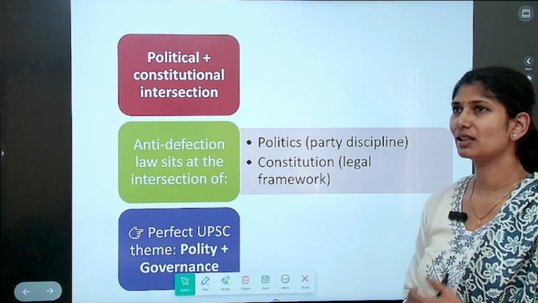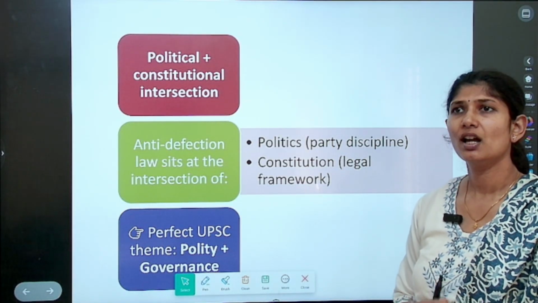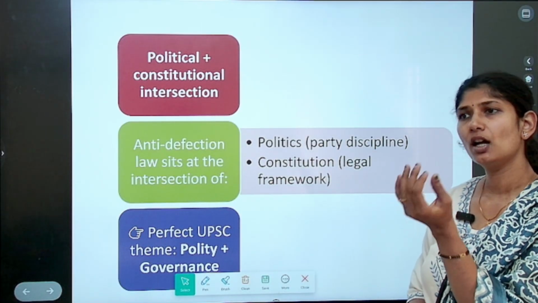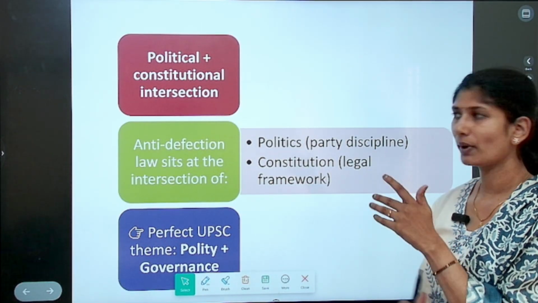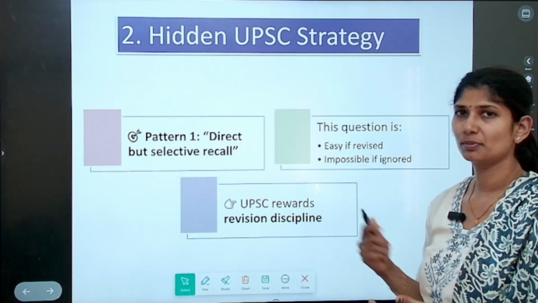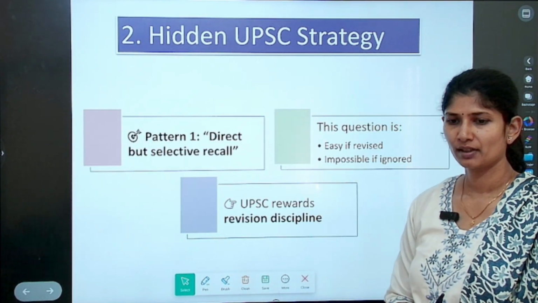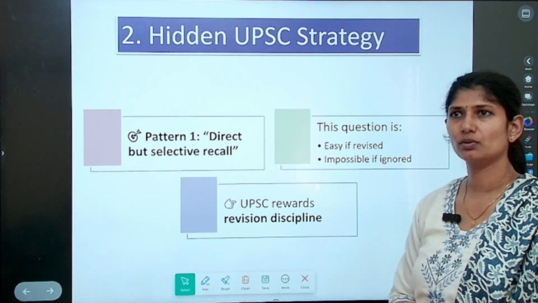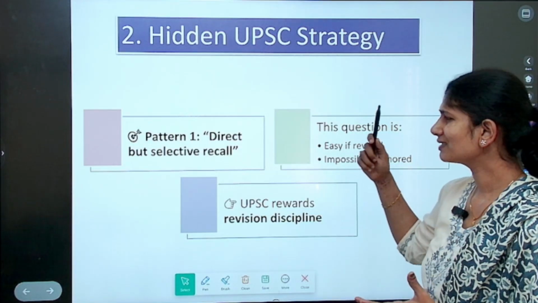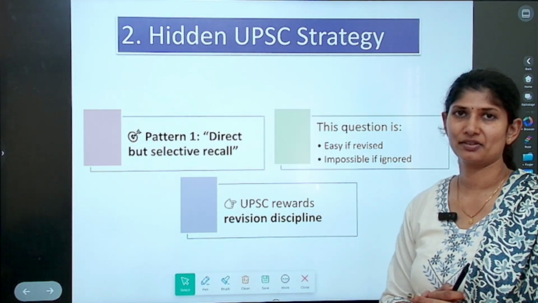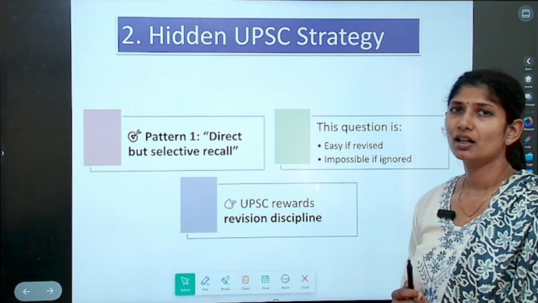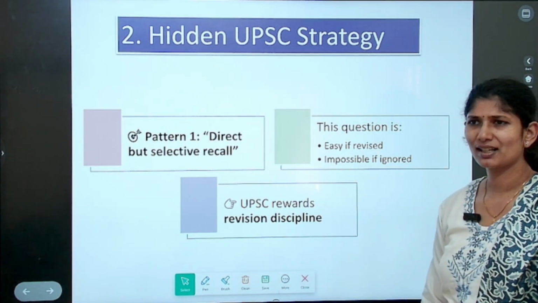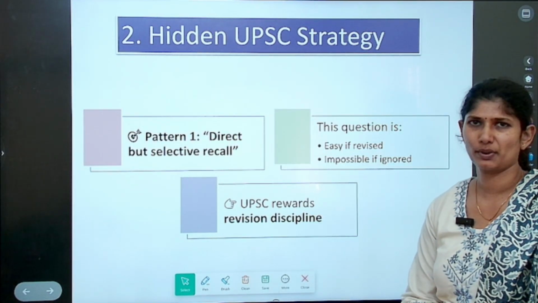So this kind of question on anti-defection is the right way for UPSC to pick questions which are both polity and governance. Why governance? Again, it is about party discipline and how it is dealt with. Understanding? So how exactly is UPSC picking this question? It is direct but selective, again based on linking with current affairs. And this is a straightforward question.